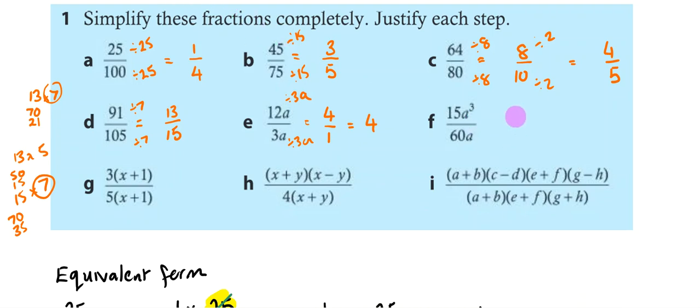15a cubed divided by 60a. So this is where we could think of it in the other method, which is, a to the power of 3 is a times a times a. So if I then divide by a, I'm removing one of the multiply by a's, right? So this divide by a will leave it only as a to the power of 2.